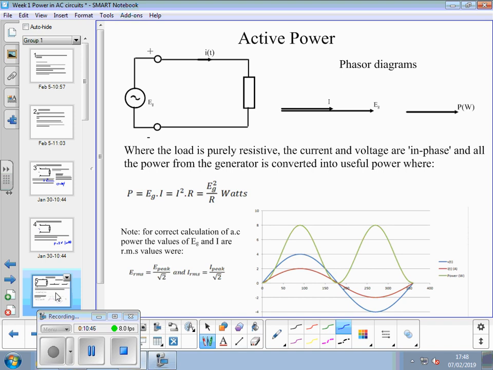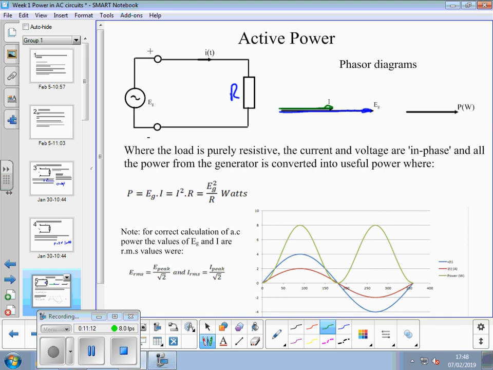So, if we look at this circuit, that is a simple R, and we're applying a voltage. We've got a current flowing, and this is the phasor diagram. So there's the voltage in blue, there's the current in green, and they're at the same angle.